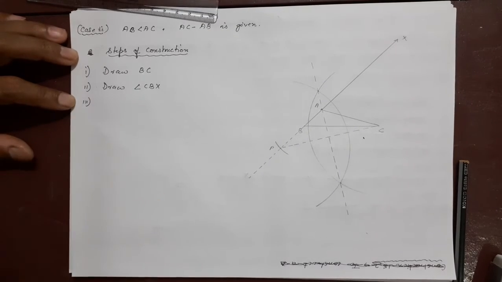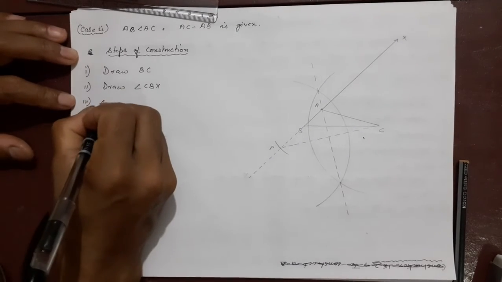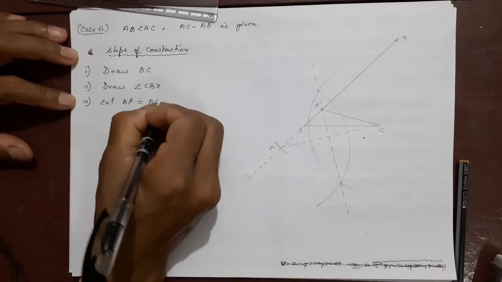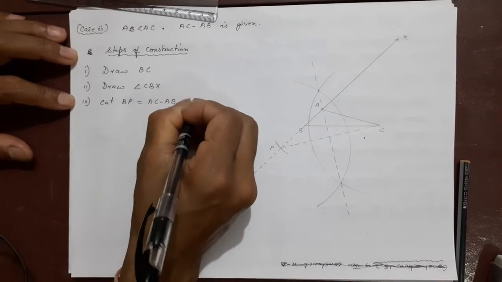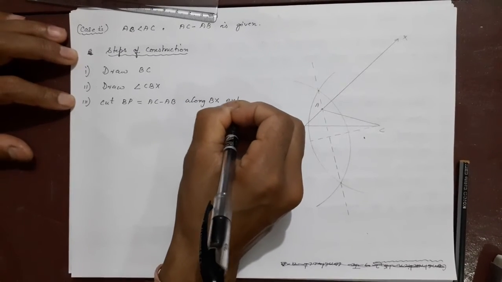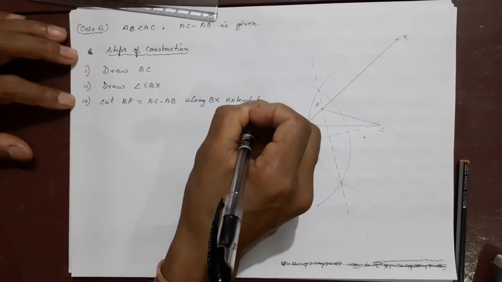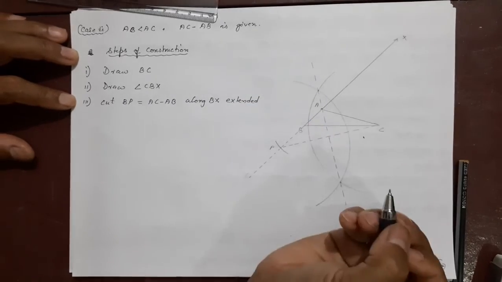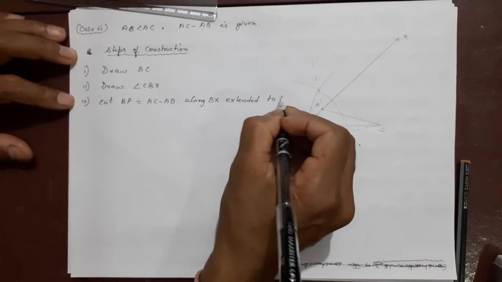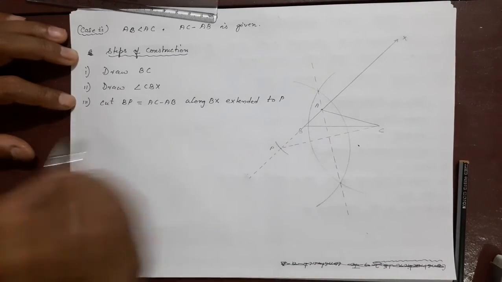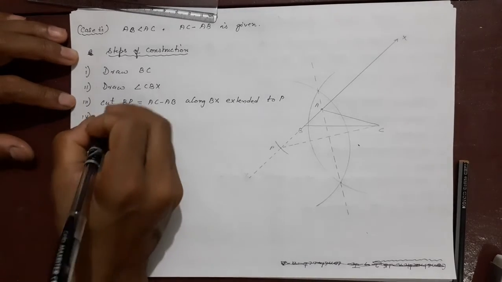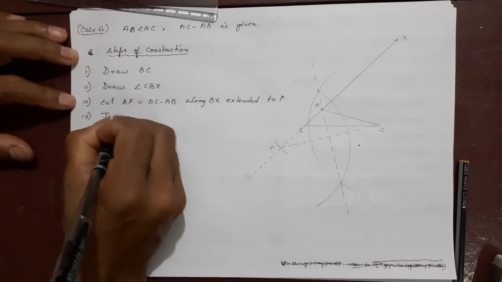Number 3, cut BP equal to AC minus AB along BX extended. BX is extended on this side to P, and it is cut as BP. Now what is the next step? Next step is join PC.